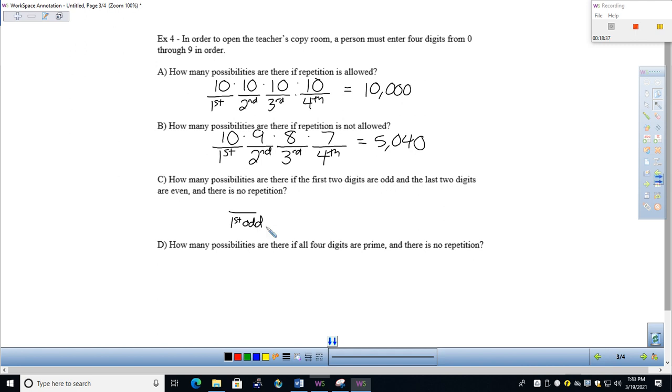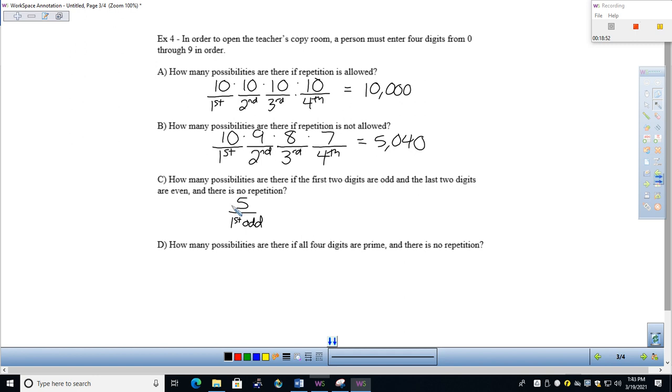And so I look at my digits 0 through 9, and it has to be either the 1, the 3, the 5, the 7, or the 9. And so there are 5 possibilities for that first digit. So that is a condition that we need to uphold and account for. And now we know that there are 5 possibilities for that first number.